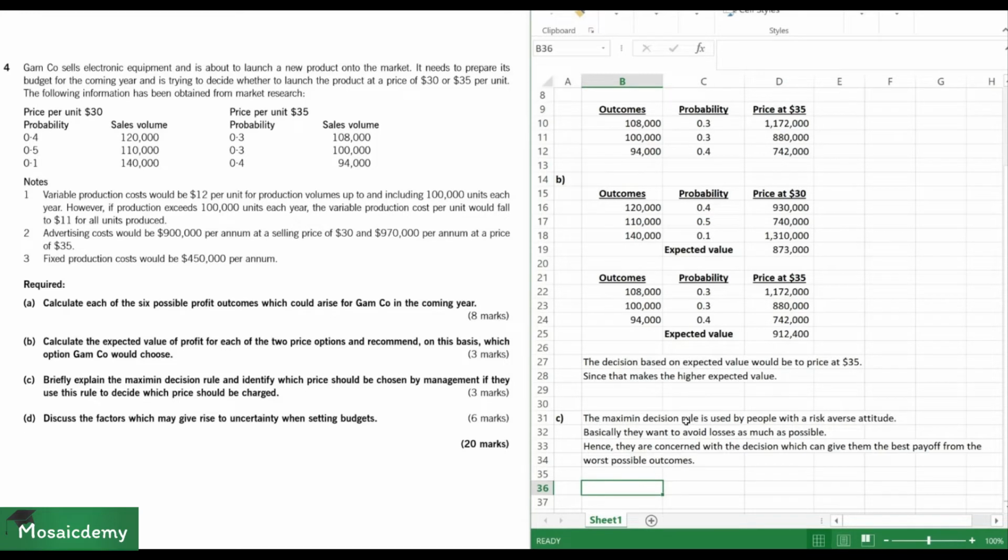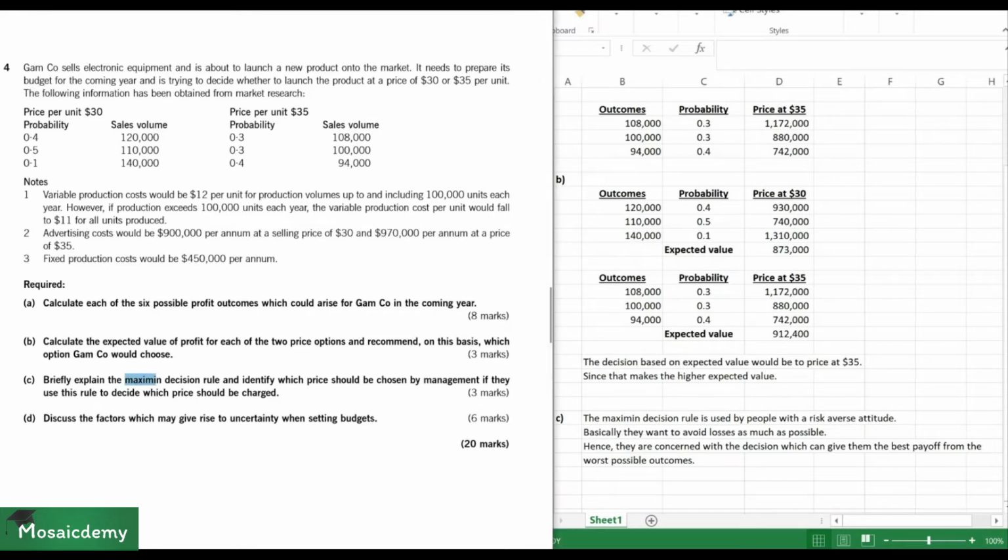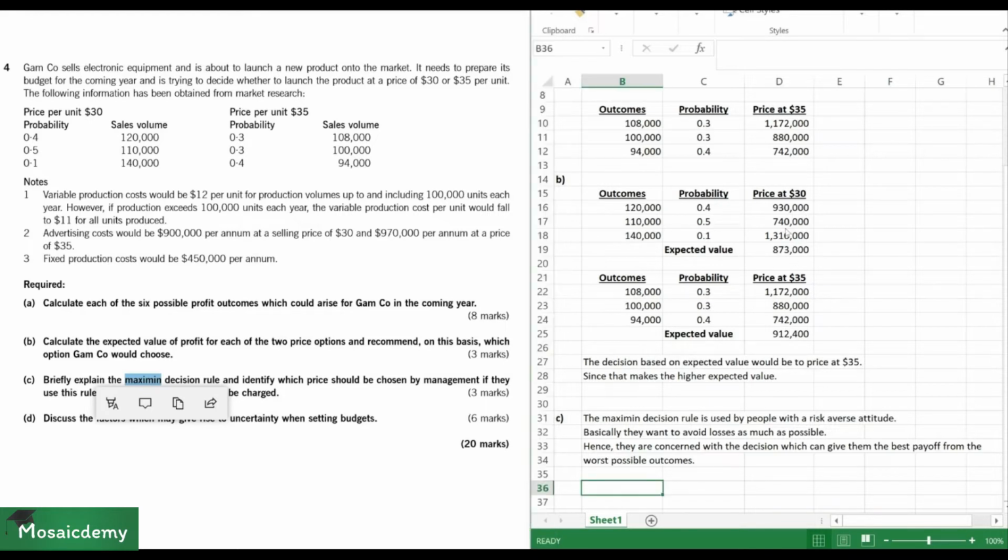So maxi-min, how do we make the decision? Remember in our videos, maxi-min, break it down into two parts. First, start with the second level, minimum. At each decision level, pick the minimum. So the minimum payoff for $30, let's just write it down, right?